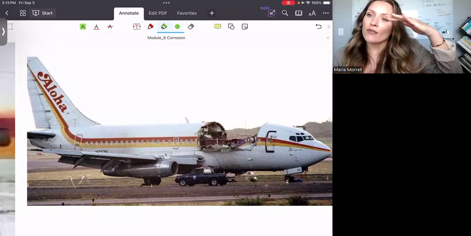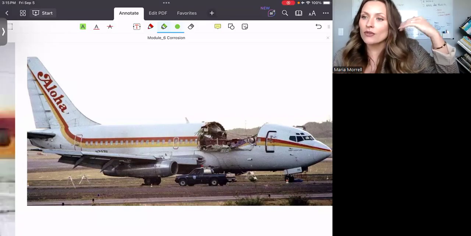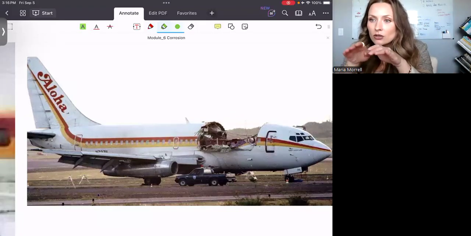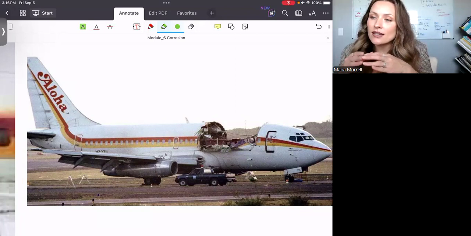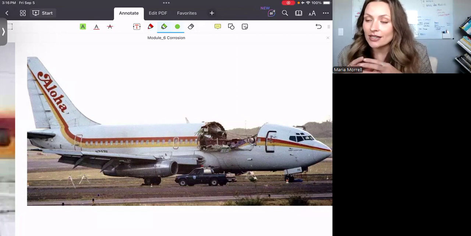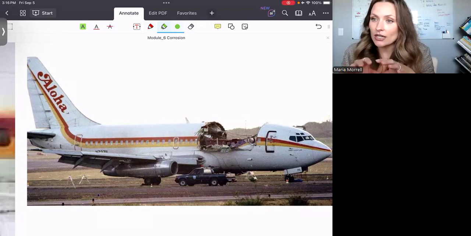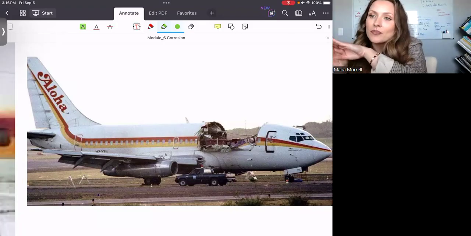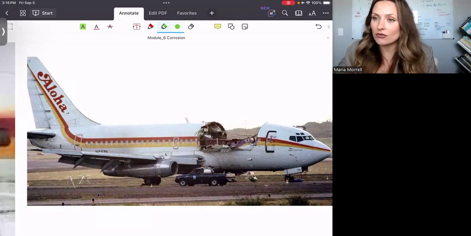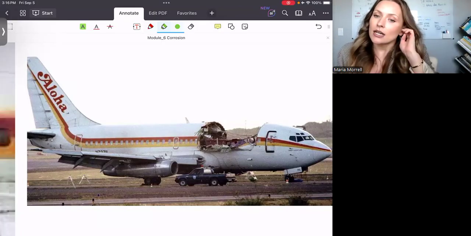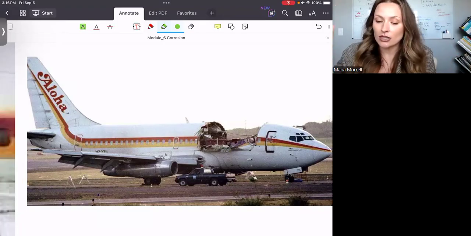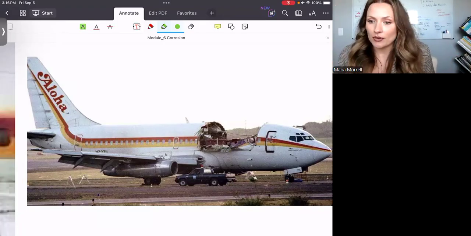The higher up we go, the lower the pressure is up there. So if all of a sudden you have a certain portion in the plane that doesn't have the original integrity that is designed for this pressure gradient, a certain portion of the plane gets sucked out by the vacuum. That's exactly what it feels like, because the pressure inside the plane is higher than the pressure outside of the plane, due to the elevation.